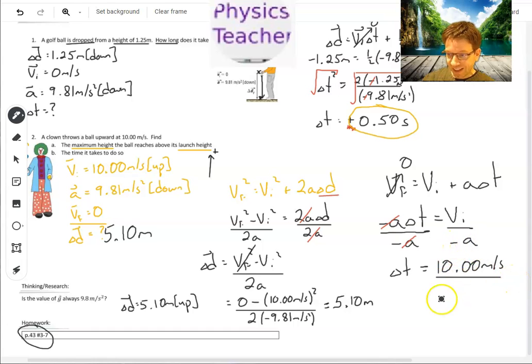Divided by negative acceleration. So we have that negative sign, and then acceleration, I'm going to put in brackets. Acceleration is 9.81 meters per second squared down, or according to our coordinate system here, it's negative 9.81 meters per second squared. So we have a double negative there, which is good because that'll give us a positive value for time.